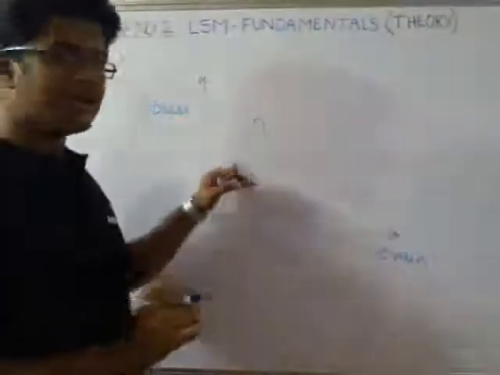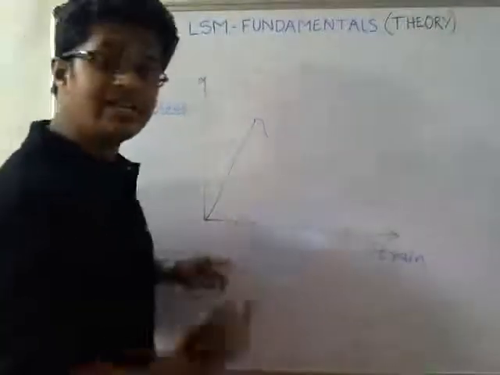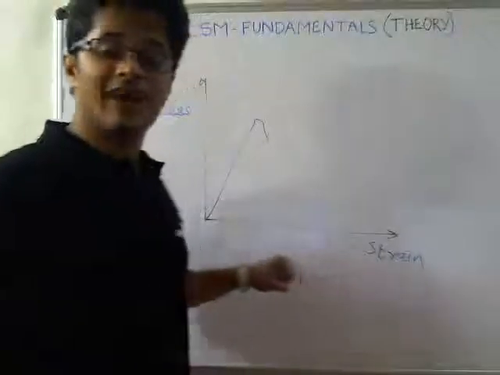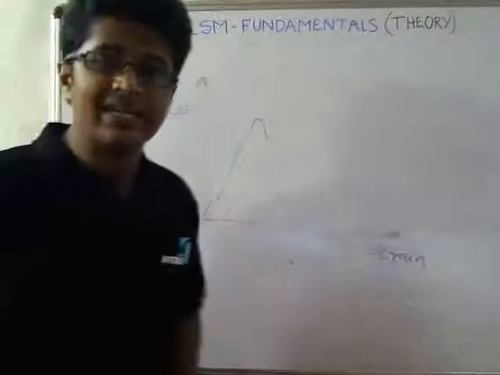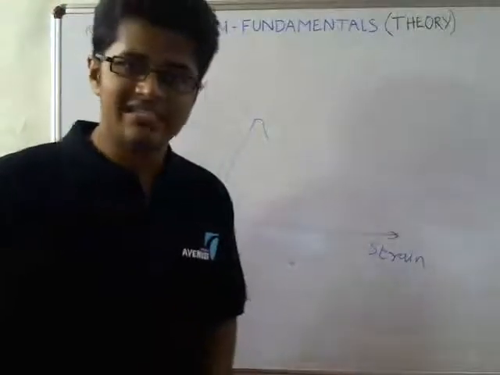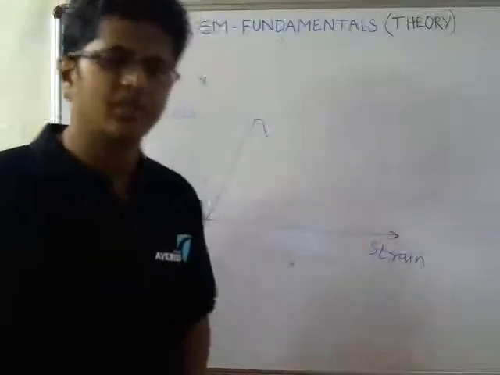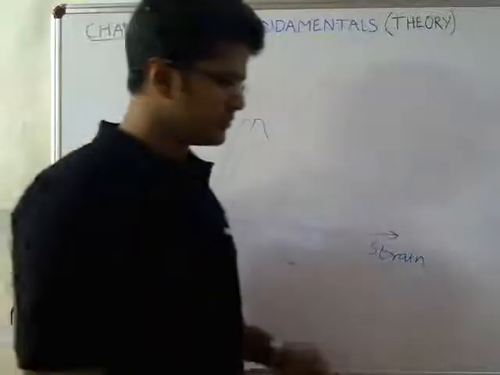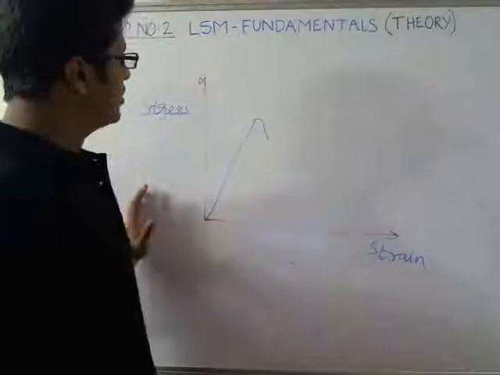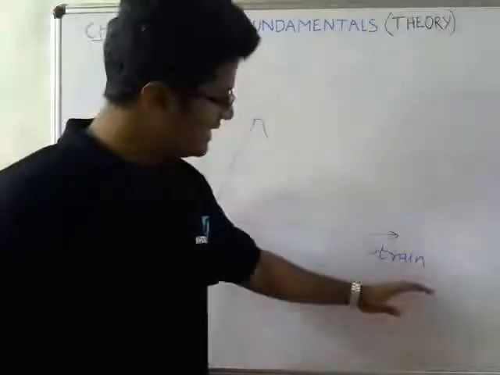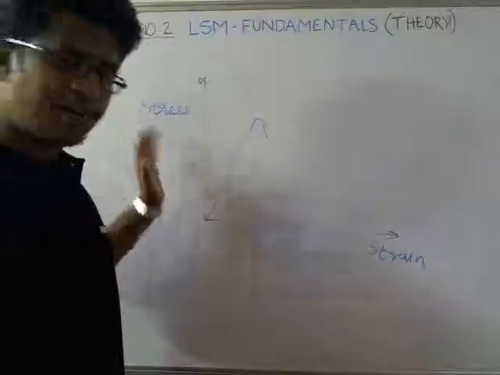You're increasing the strain, and whatever stress you get is basically the resisting stress offered by the steel. So the x-axis is the independent axis, whereas the y-axis was the dependent axis.